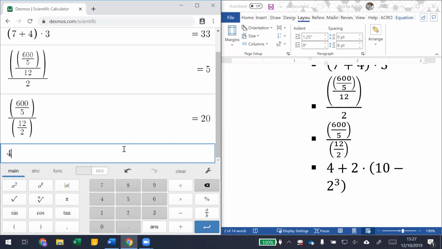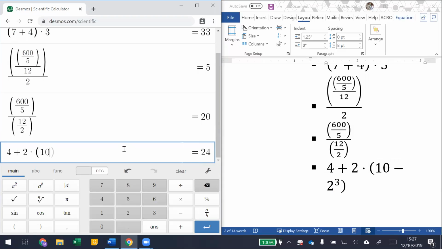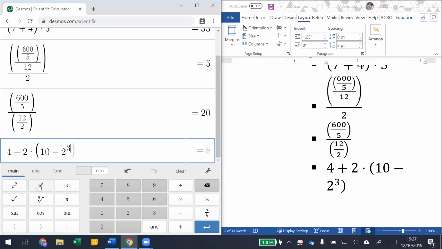But when I type this in, 4 plus 2 times 10 minus 2, and I'll press this button here to get my exponent, 2 to the third power. And I get 8, which if I go through this really quick, 2 to the third power is 2 times 2 times 2, that's 8. So 10 minus 8 is 2. And then 2 times 2 is 4, and then 4 plus 4 was 8.